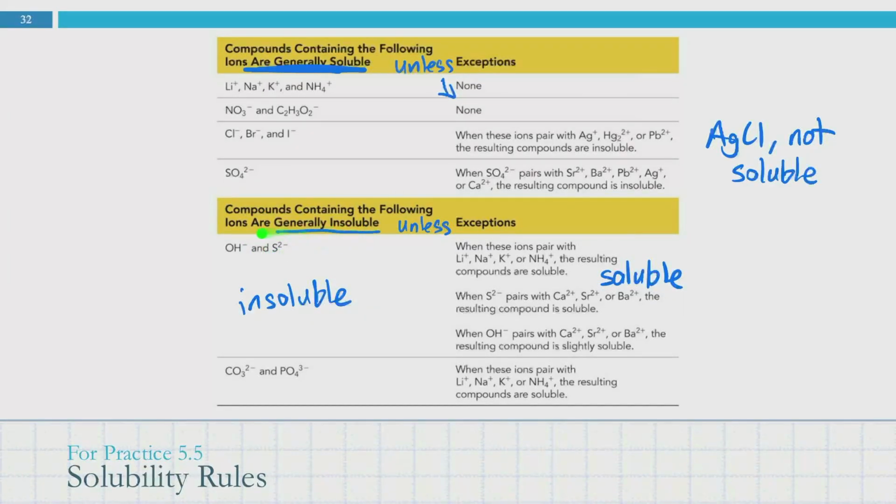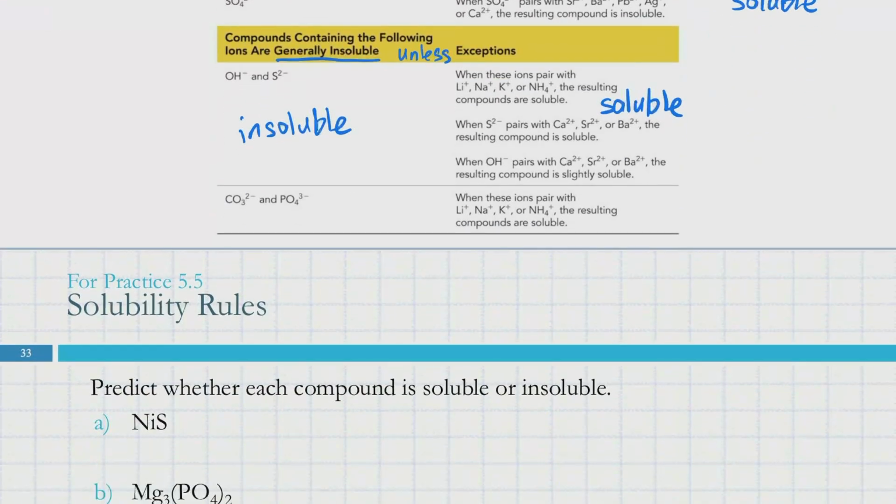S2 minus is generally insoluble, except do we have nickel in our exceptions? We don't have nickel in our exceptions, and so this is insoluble. S2 minus is insoluble, and there's not a nickel 2 plus exception, which means that it's still insoluble.